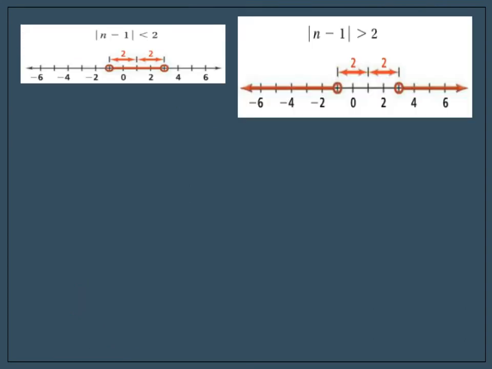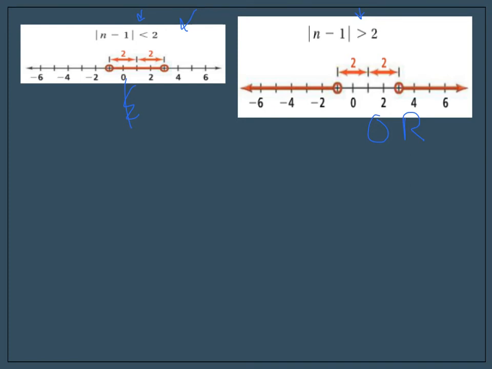So now when I have an absolute value with an inequality sign, I want to look at my inequality sign, and that's going to tell me if it's going to be an and or an or statement. So if I look at my first problem, this says the absolute value of n minus 1 less than, which would be an and. N minus 1 absolute value is greater, so that would be an or statement. And you solve like normal.